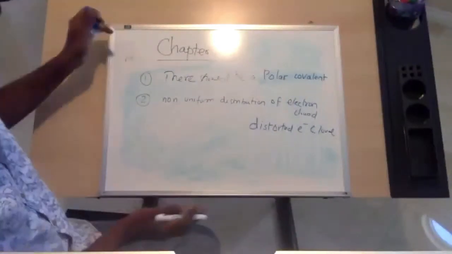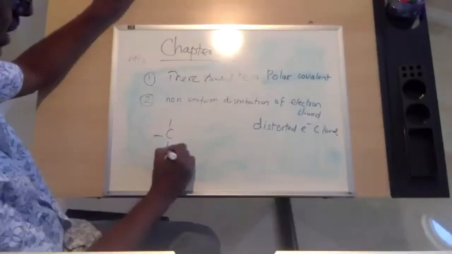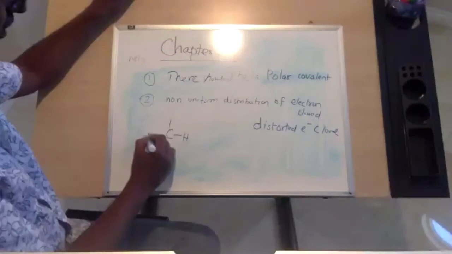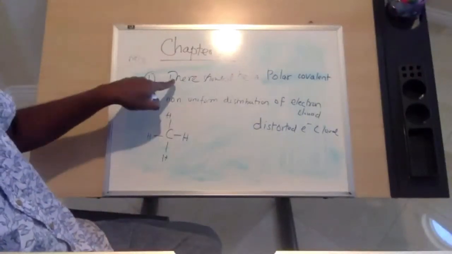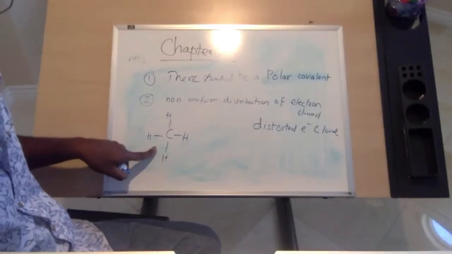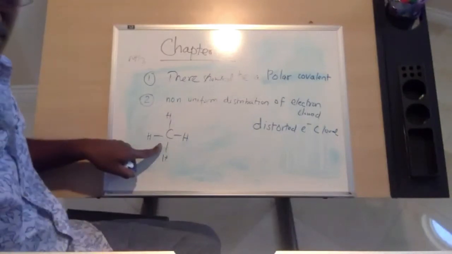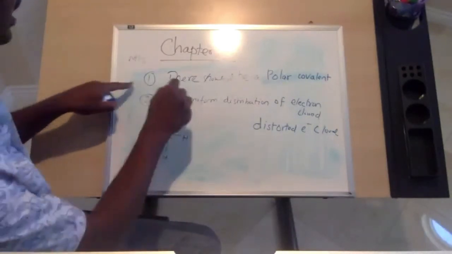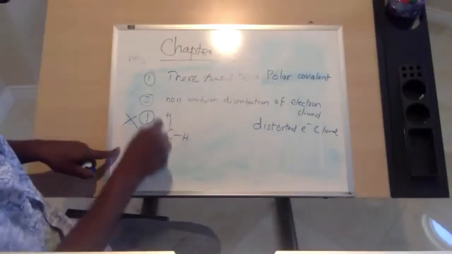Let me give you a very simple example. How do I know whether this molecule is polar or non-polar? For example, methane. Now use the conditions. See if this molecule contains a polar covalent bond or not. There is no polar covalent bond in methane, so condition number one is not satisfied.